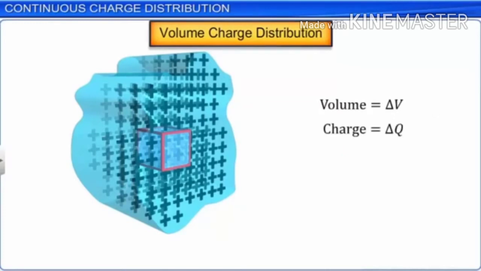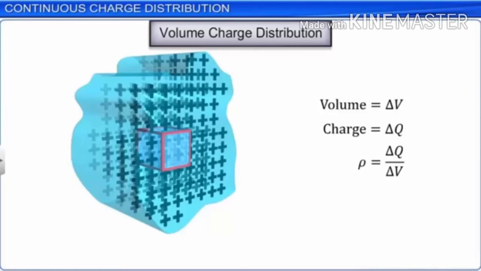Then, volume charge density, or charge density, ρ, of such a volume charge distribution is defined as the charge per unit volume. Thus, ρ is equal to delta Q by delta V and is measured in Coulomb per meter cube in SI unit. It is a scalar quantity.